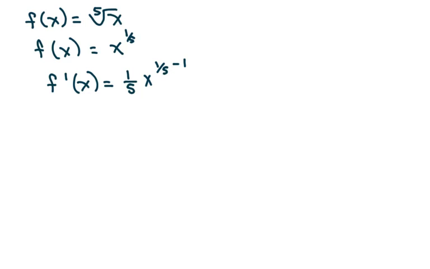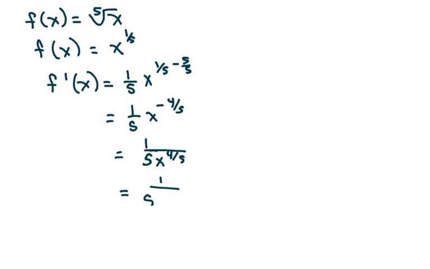And minus 1 is really going to be minus 5 over 5. So you get the common denominator stuff. All right, so that equals 1/5 x to the negative 4/5, which equals 1/5 times x to the 4/5 in the denominator, and you could just leave it like that, or this would be 1 over 5 times the 5th root of x to the 4th. But it looks better this way.